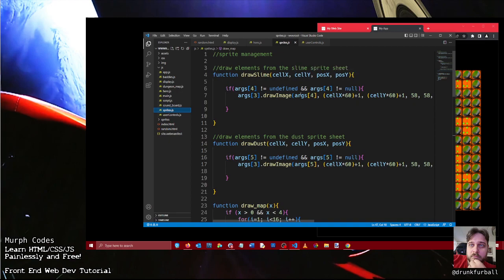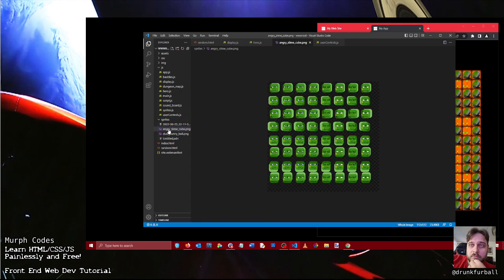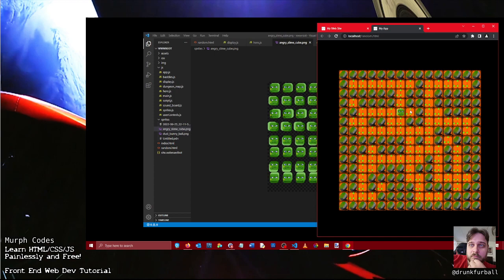That gets fed into our draw image, cell X, cell Y. All right, image is this thing. This is our 1-1. This is 0-0, this is 1-1. Which is why he's constantly got this look on his face.